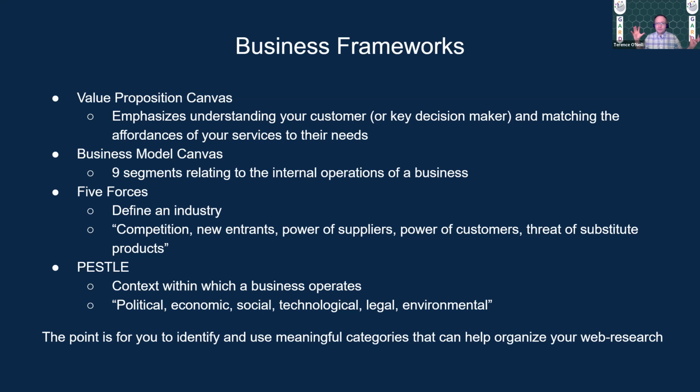Those are all the different factors that might impact your strategy, and maybe that's a useful framework for keeping track of those notes as you're doing your research. I don't necessarily want you to begin using all of these at once, but perhaps there's one that resonates with you, and that you might want to go learn more about as a way to organize your notes.